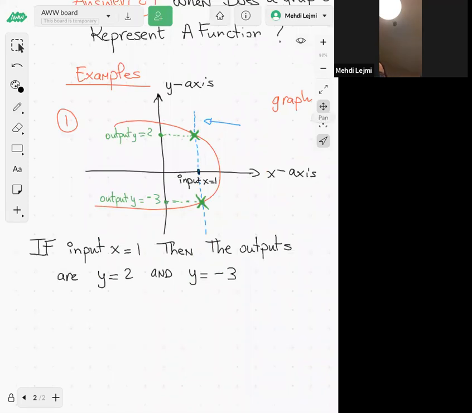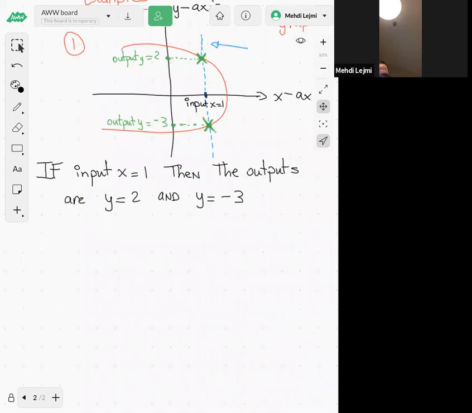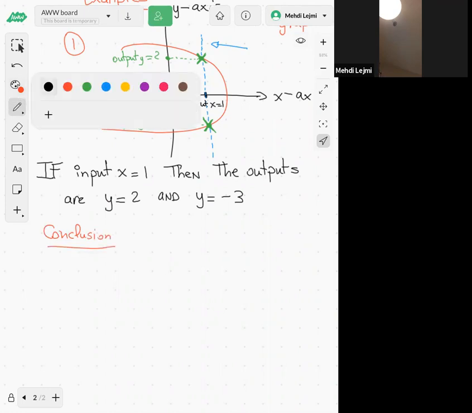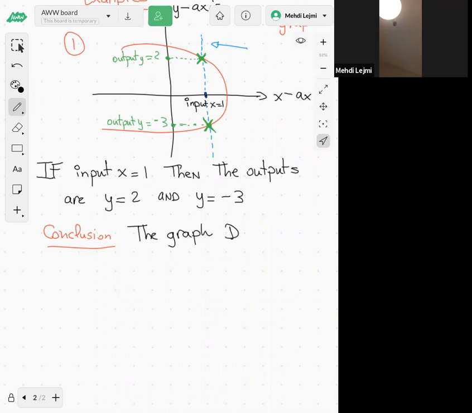In this case, of course, this graph does not represent a function, right? So the conclusion here: the graph does not represent a function.